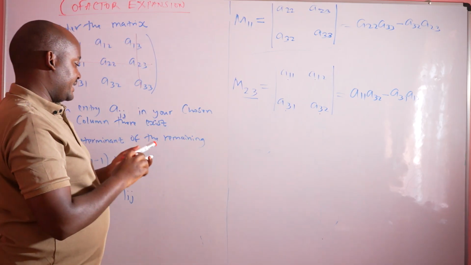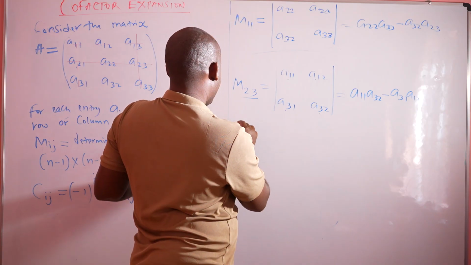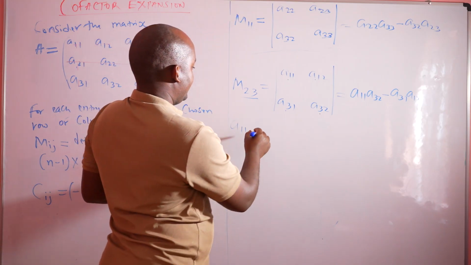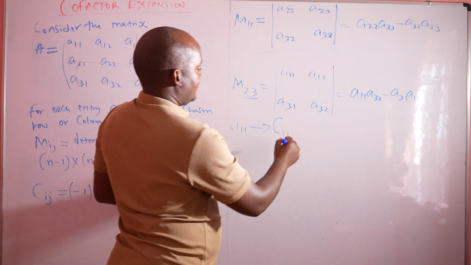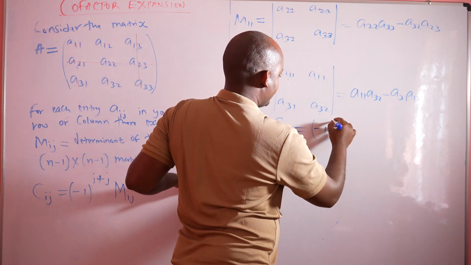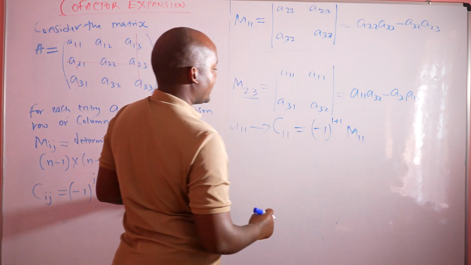So in this particular case, we are given an entry A11, then the corresponding cofactor will be C11, which will be equal to -1 raised to the power of 1 plus 1 multiplied by M11.